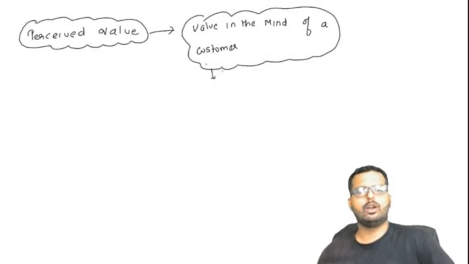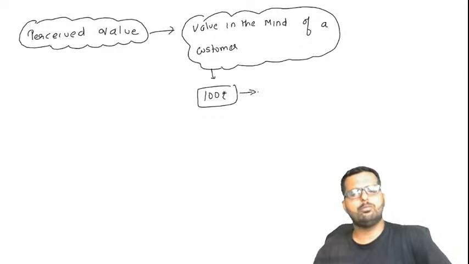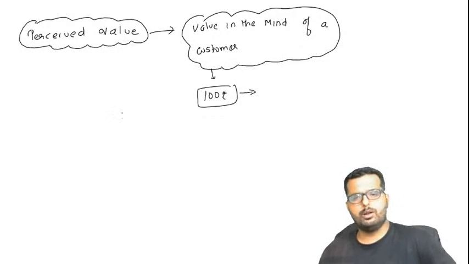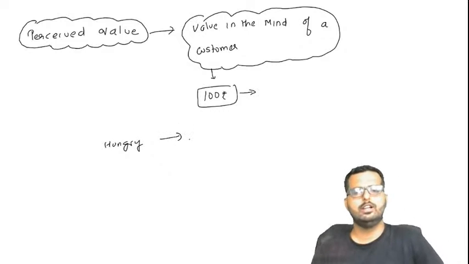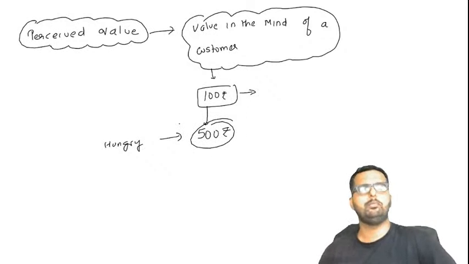For example, a person who has access to all the food items, if he is going and buying one breakfast for 100 rupees, for him the value might be 100 rupees only. But for a person who has not had any food for 3 days, he gets this food for 100 rupees. The real value that he will have will be worth 500 rupees for the same thing.